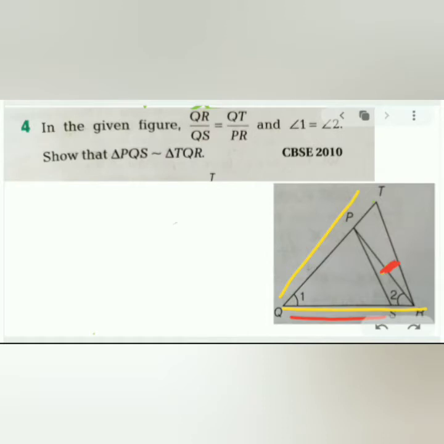But as you can see from the figure, you will be a little bit confused because it is not included in a triangle. How do this PR and that QT have a ratio, because they are not forming any triangle? So here we will use the condition that angle 1 equals angle 2, which is given in the figure.